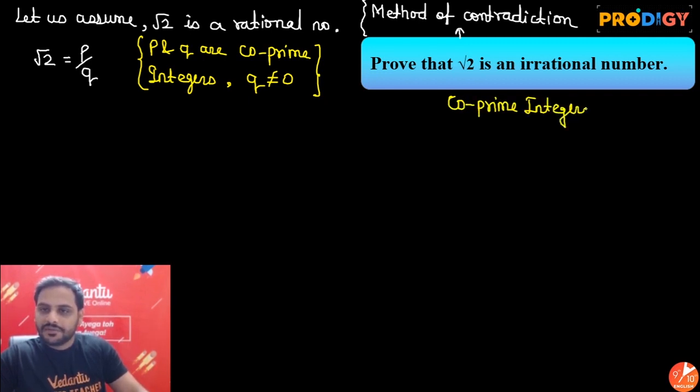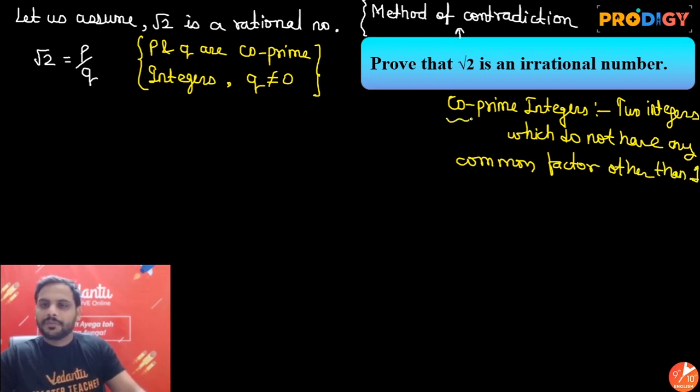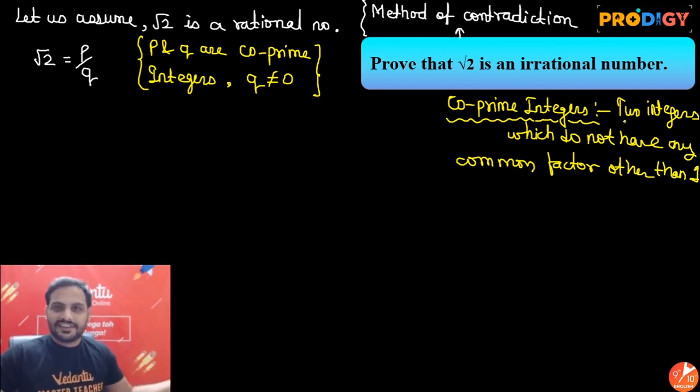Co-prime integers means two integers which do not have any common factor other than 1, because 1 is always a common factor for all the numbers. Those who don't know, let me write it over here. That means between two integers there is no common factor other than 1, or we can say two numbers whose HCF is equal to 1.